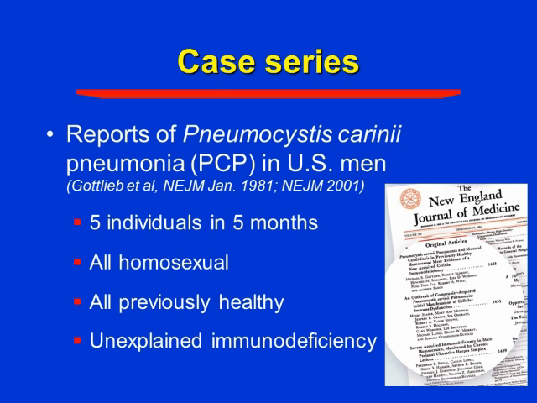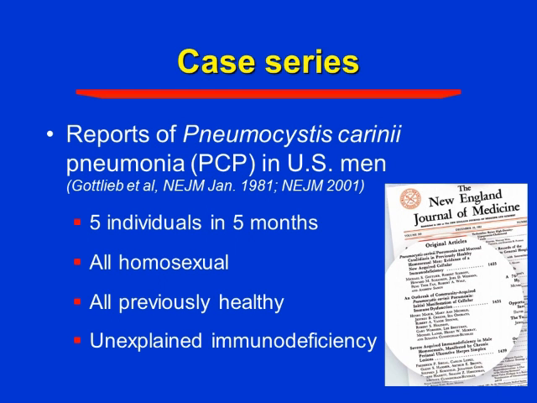So our first example is actually a very famous case series. This was published back in the 1980s in the New England Journal of Medicine, so quite a good journal. It was reports of pneumocystis carinii pneumonia, or PCP pneumonia, in U.S. men. And this was unusual because PCP pneumonia was actually, at the time, quite rare.